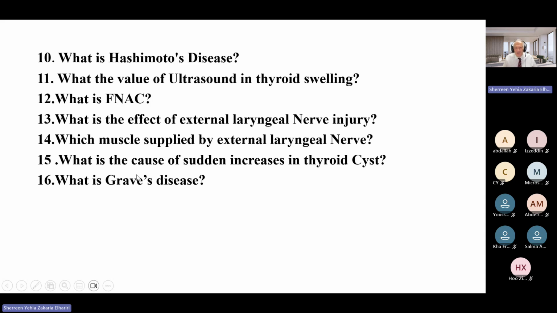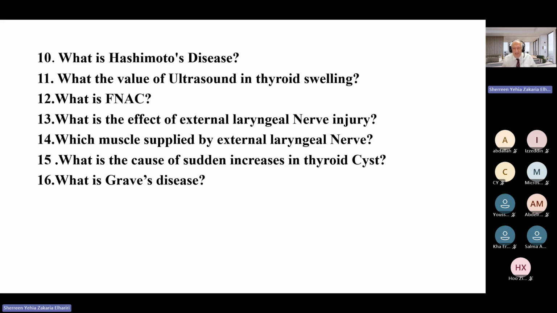What is Hashimoto disease? It's a type of inflammation, autoimmune thyroiditis occurring in the thyroid gland. If the patient has Hashimoto, who usually complains of swelling in the neck, what is this swelling like? Painful swelling. Okay.